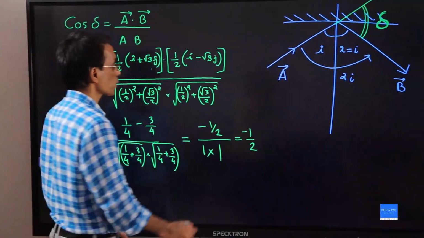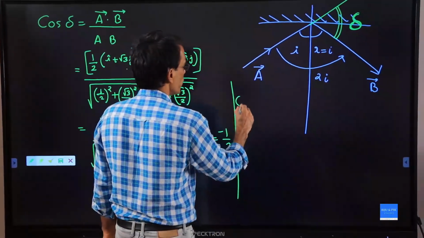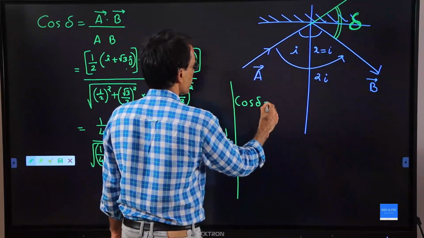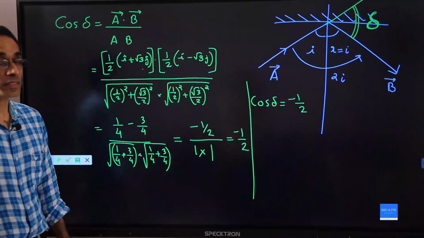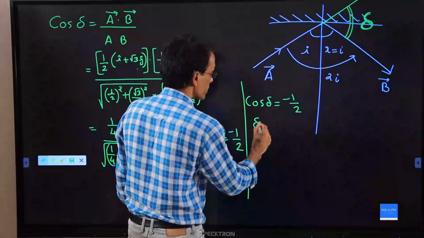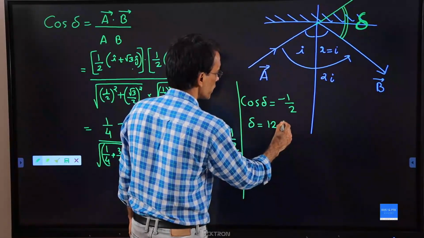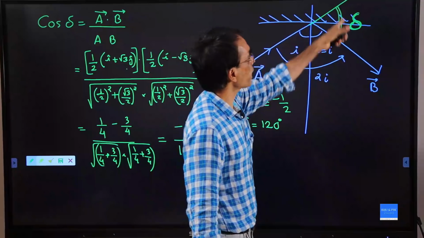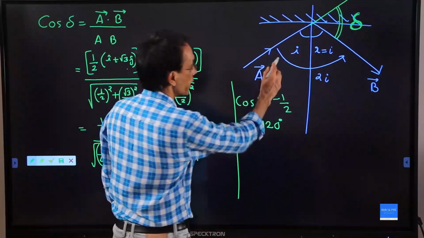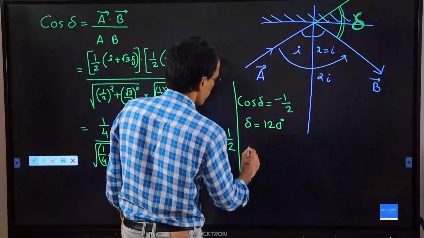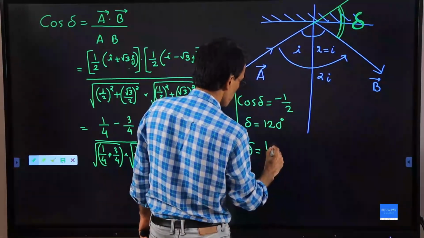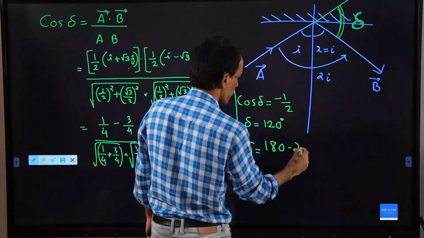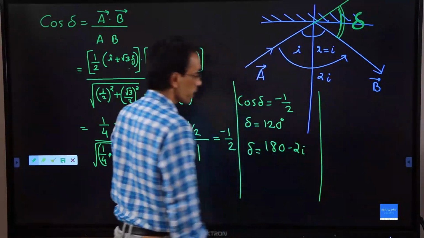So what is the end of this? We got cos delta equal to minus 1 by 2. So delta is equal to 120 degrees. So this angle is 120 degrees. Now what is i? We know delta is equal to 180 minus 2i.